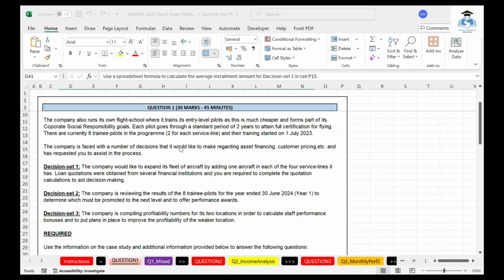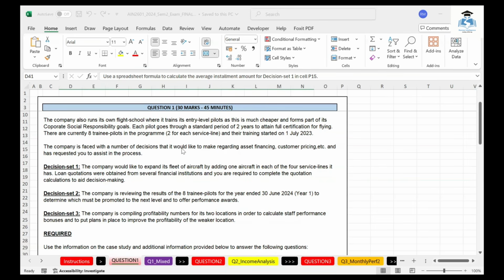The company also runs its own flight school where it trains its entry-level pilots, as this is much cheaper and forms part of its corporate social responsibility goals. Each pilot goes through a standard period of 2 years to attain full certification for flying.